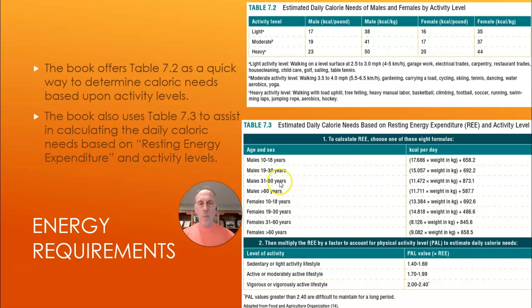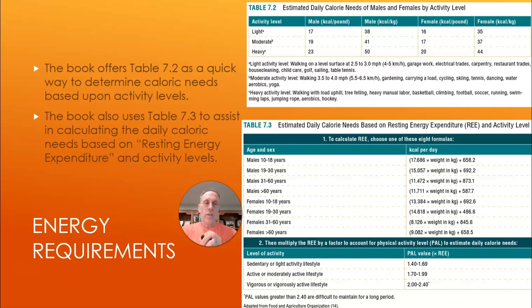So you look at this, you can fit into any number of categories. Let's say you're male and you're 20 years old. Well, this would be the calculation you would use to determine your estimated daily caloric needs. And I would tell you that this is great, but depending upon how the person is made will also matter. If the person has more lean muscle mass, meaning they have a lower body fat percentage, that's going to have an effect.